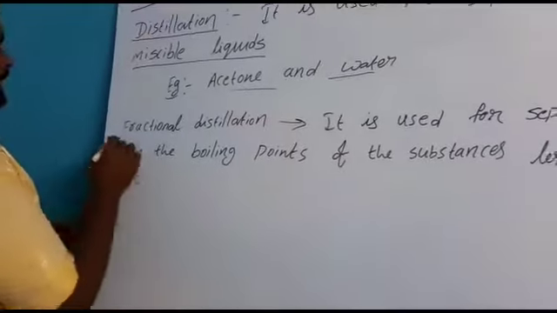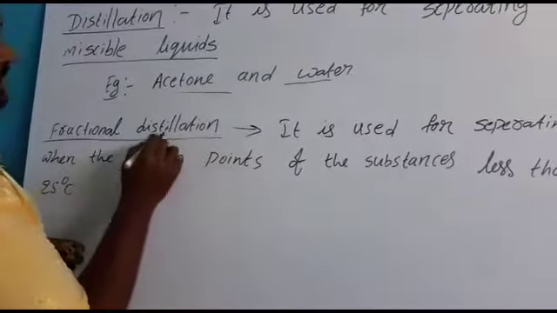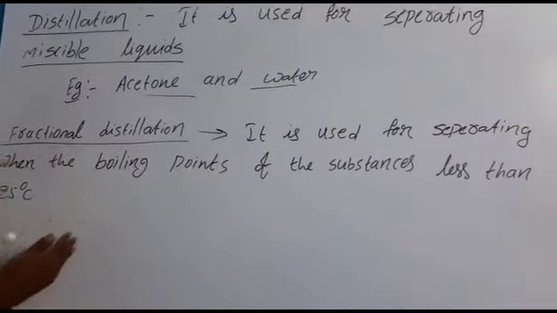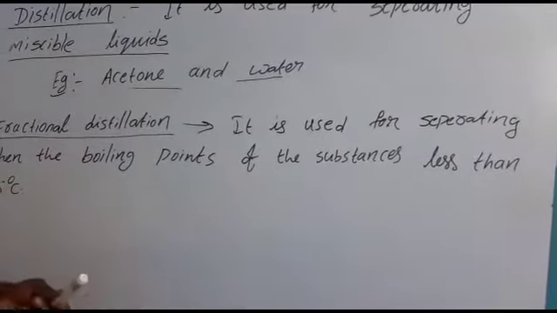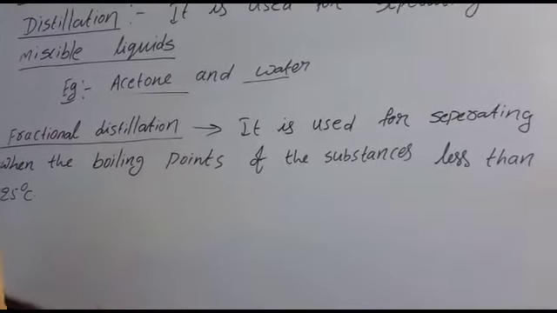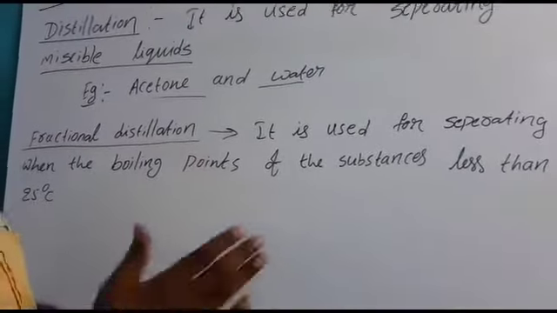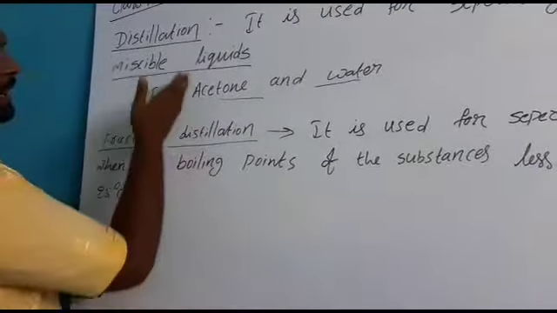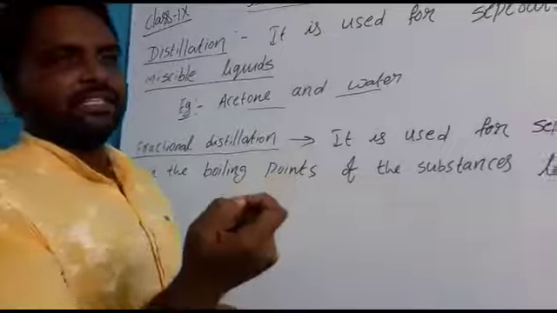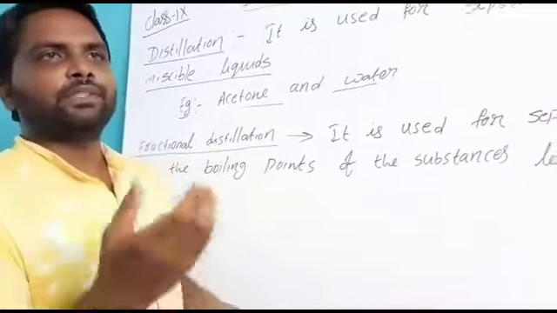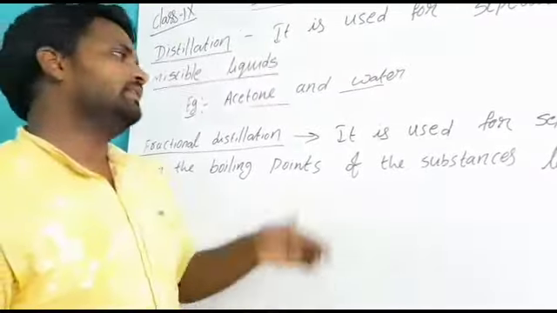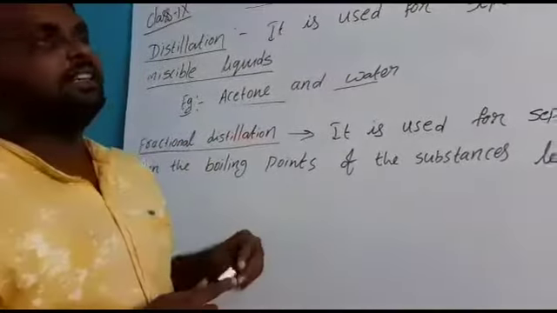Another technique is fractional distillation. It also works based on boiling points. The one with the lower boiling point converts into gas faster. But what is the difference here? If the variation in the substances' boiling points is very small, then we can use fractional distillation.